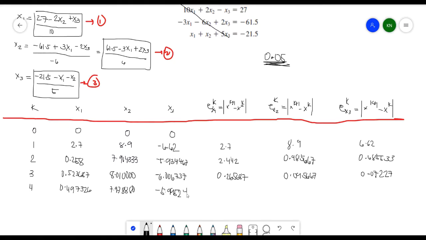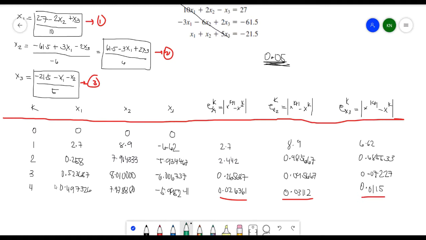Then checking the relative error, subtracting this row from this row, we have 0.026361. And then we have 0.03112. And for the last one, we have 0.0115. So as you can see, our relative error is already less than 0.05. All of our relative errors are already less than 0.05.